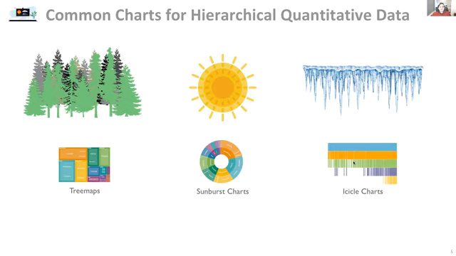They are called icicle charts because they resemble a row of icicles hanging from, let's say, the edge of a roof. Like real icicles, icicle charts start big at the top and get smaller toward the end and point in the downward direction.